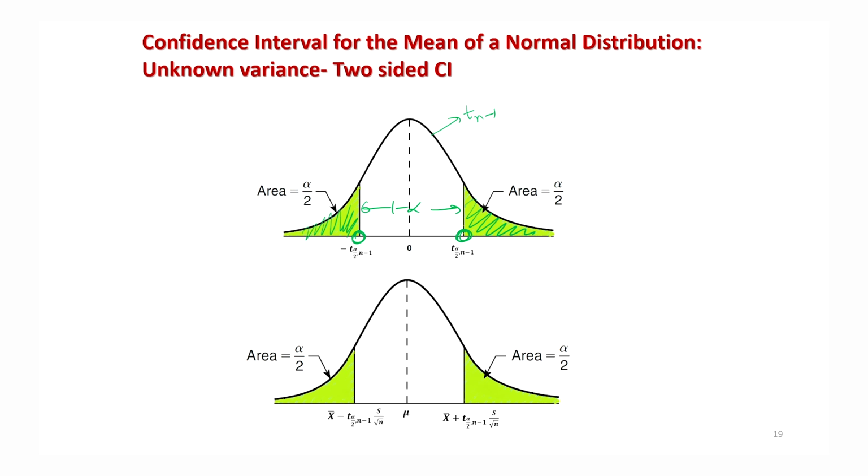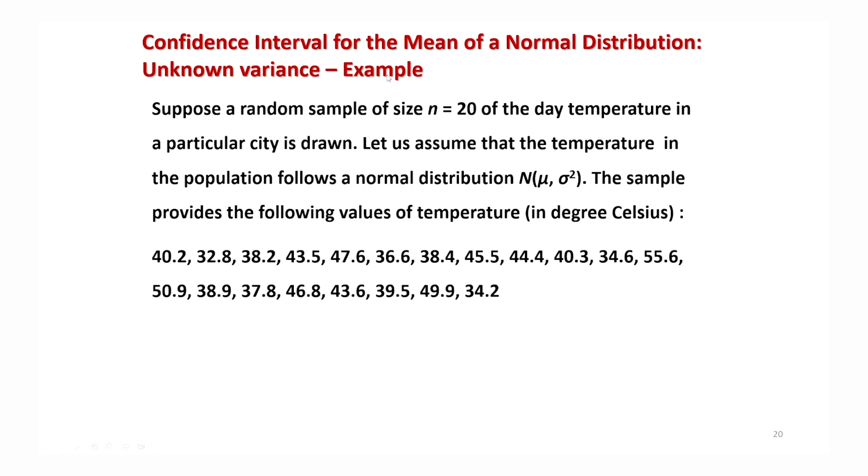Now, this is the lower limit of the confidence interval, and this is the upper limit, and this area under the T distribution curve with n minus 1 degrees of freedom is my confidence interval. So this is how we graphically present it.